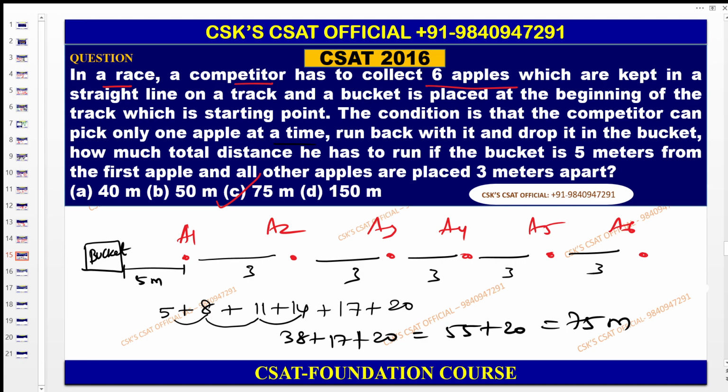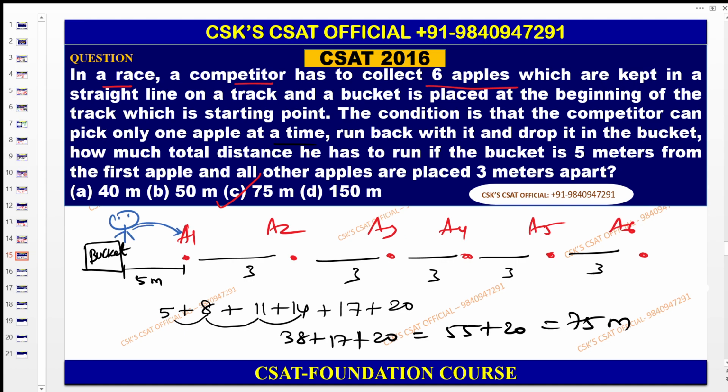Sir, I don't understand. As we know, the bucket from the first apple is 5 meter only. So after the second apple is 8 meter and the third apple 11 meters. Atul, first you need to collect this apple.